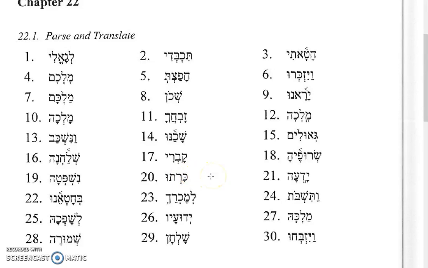Number 18 is sarufeha. And here you have the shureq between the second and third consonant. That indicates it's a passive participle. You have a suffix on a plural noun, the ha ending. Saraf means to burn. And then this passive participle would be something burned.